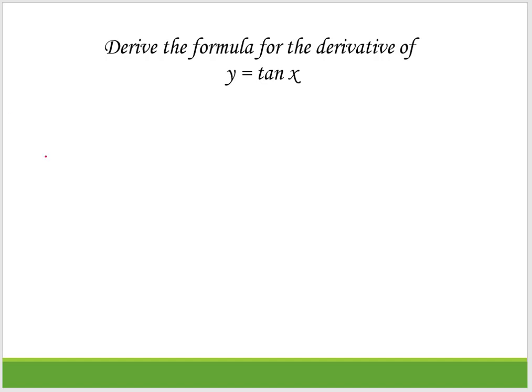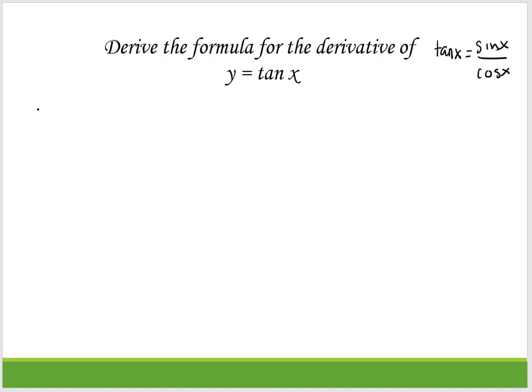Okay, so now let's derive the formula for the derivative of tangent of x. We could use the limit definition, and I would admire you if you did that, but now we know that tangent is sine of x over cosine of x.